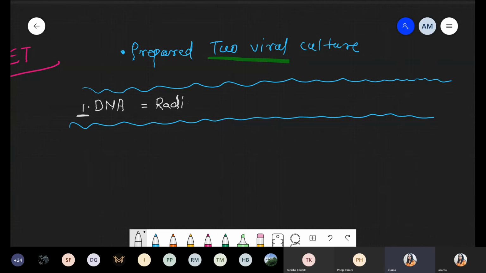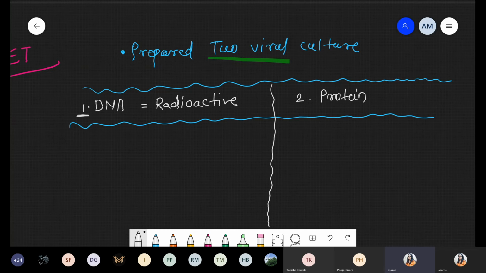And as we just discussed, for DNA labeling we are using the phosphate group, that is P32, which is radioactive. In the other part, they run the same experiment, but they use radio-labeled protein, that is S35. The protein is not a normal protein, basically it is radioactive.